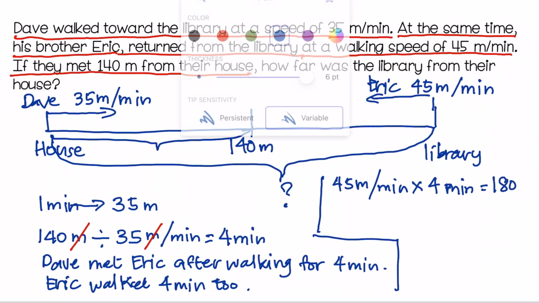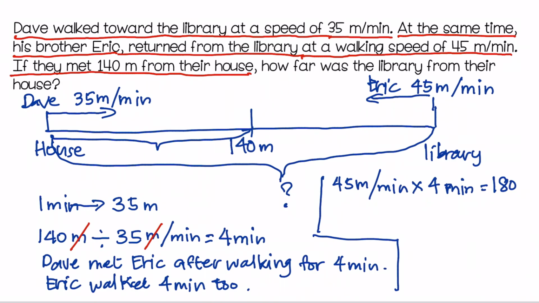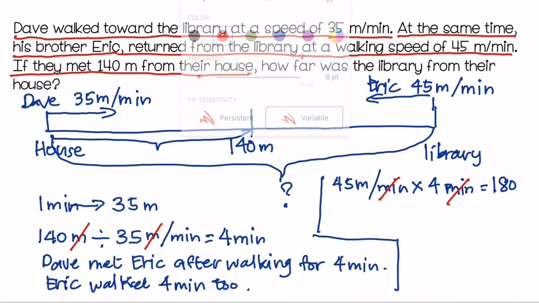Now look at the unit, we can also cancel minute here, so the distance that Eric traveled is 180 meters.